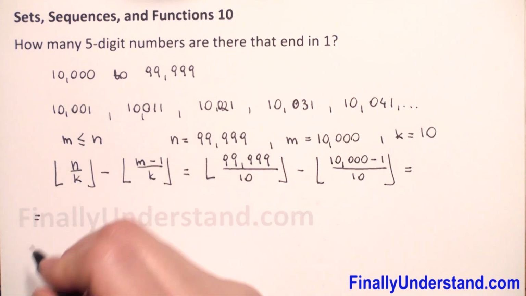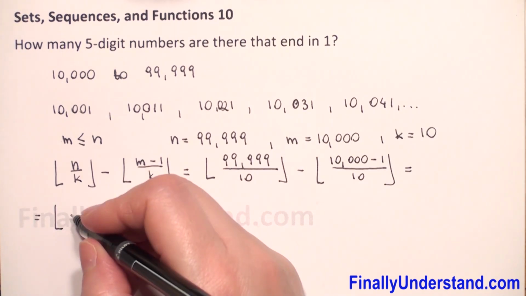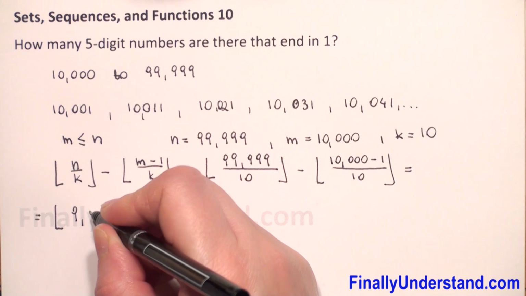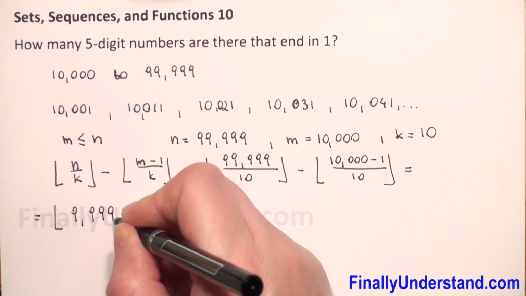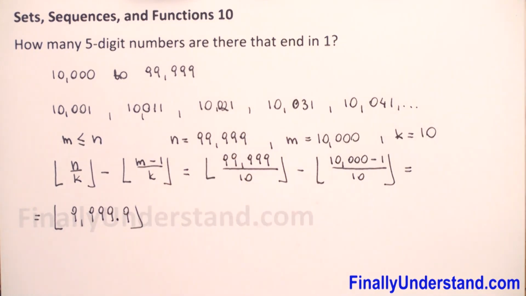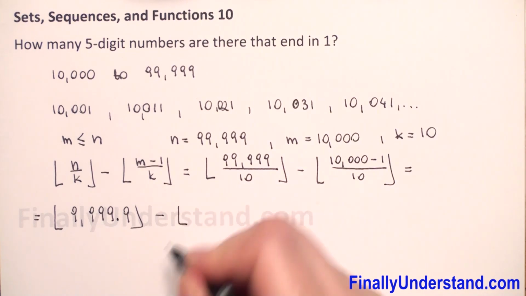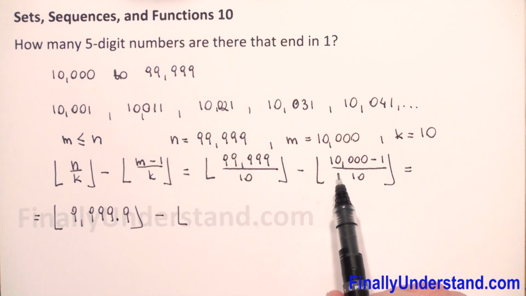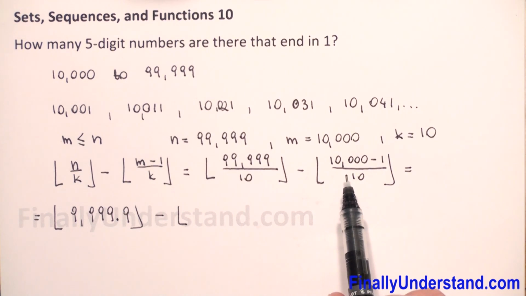So this is equal to 99,999 divided by 10. So we have floor of 9,999.9 minus floor of, and we will have 10,000 minus 1 is 9,999 divided by 10.